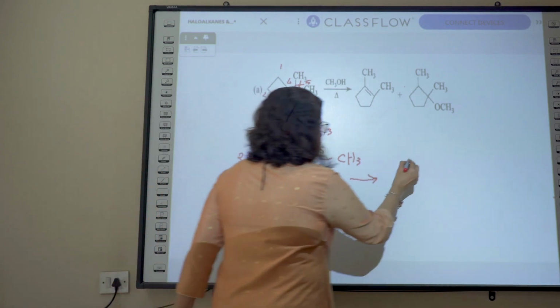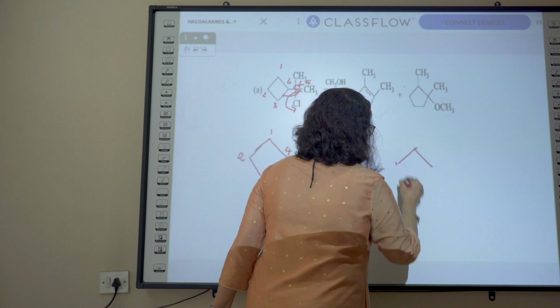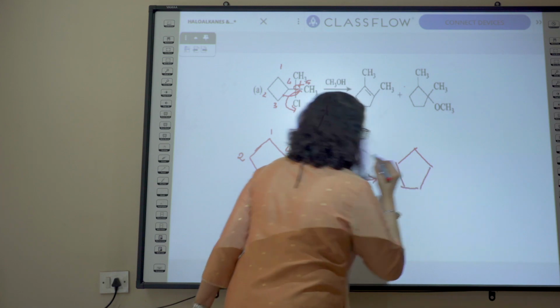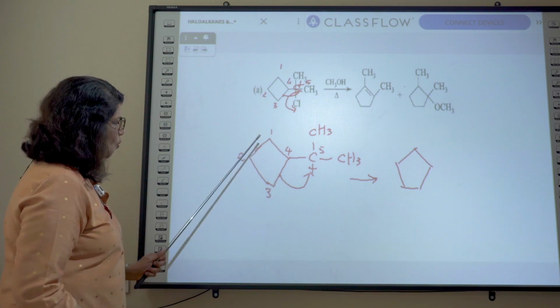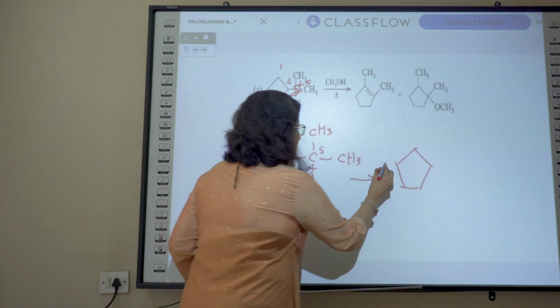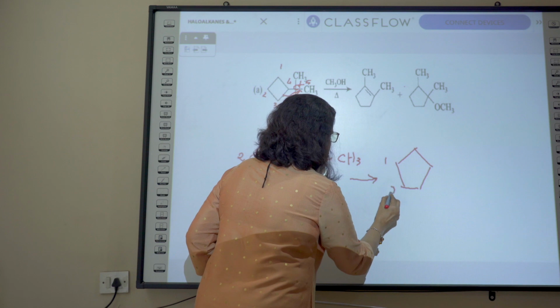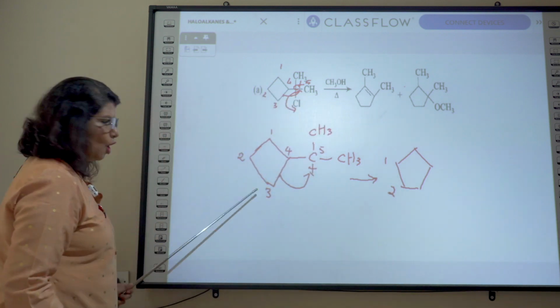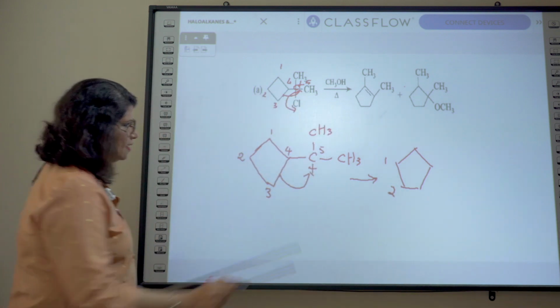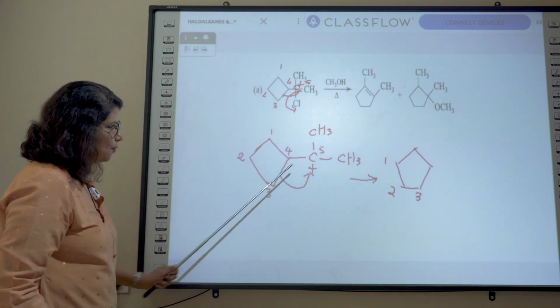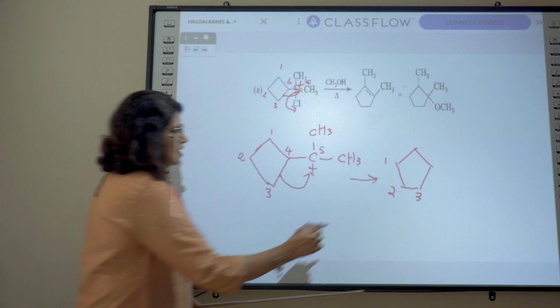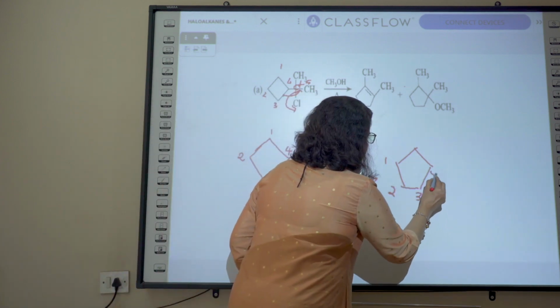Okay? So let me draw a cyclopentane ring like this. And now let me number the carbon atoms. 1, 2. 2 is bonded to 3. Now 3 is bonded to 5. This is the fifth carbon atom.